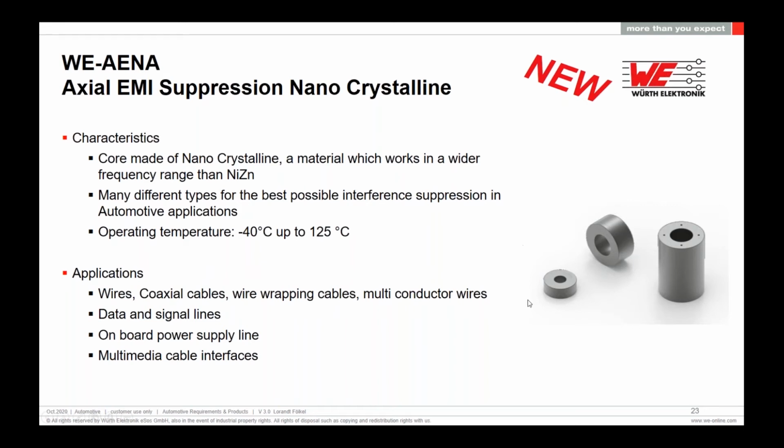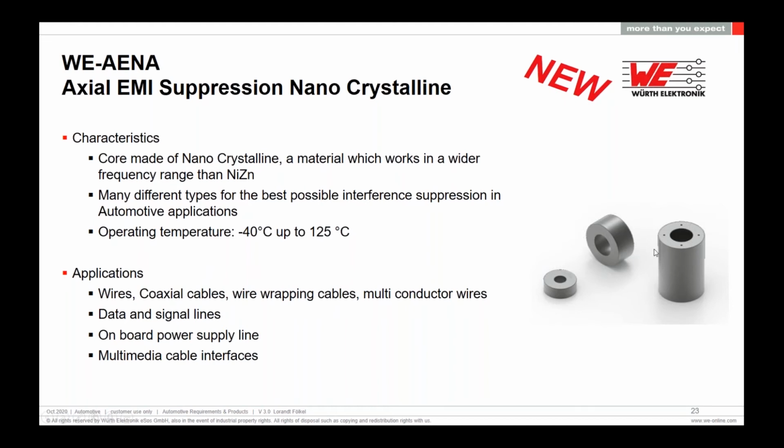But nanocrystalline cores are not sintered material. It's a special manufacturing: it's just a pure metal alloy in fluid form, cooled down in shock, which makes this crystallization. And it's highly conductive. That's the reason we don't coat them, because they are also pressure sensitive.